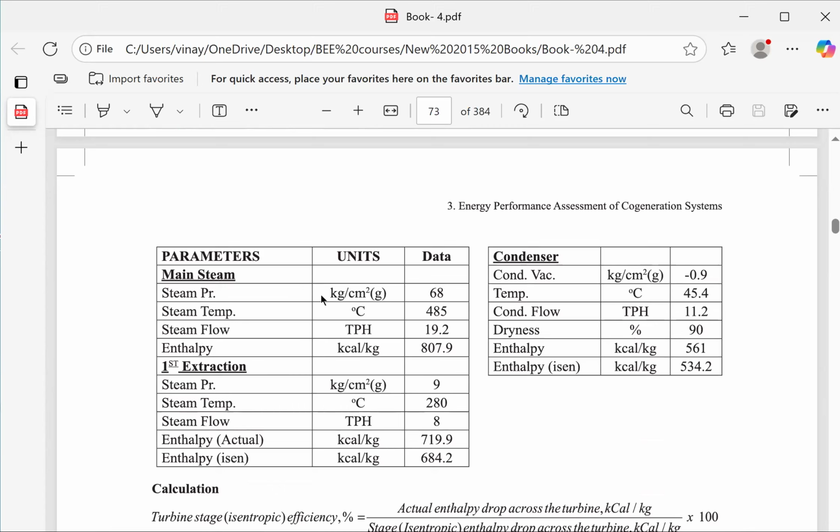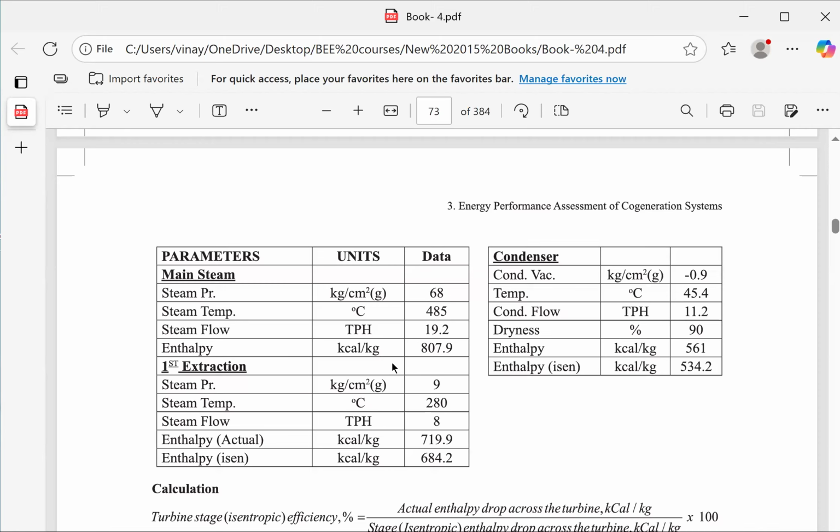Mainstream parameters: pressure, temperature, and flow. It is in tons per hour. When you calculate, you will have to convert it into kgs per hour because all other parameters are in kilocalories per kg. This is the heat unit.